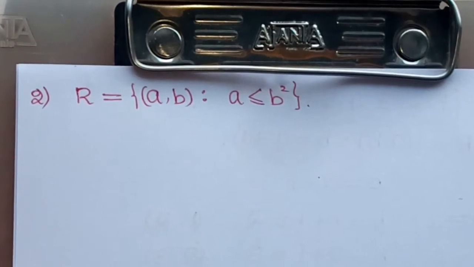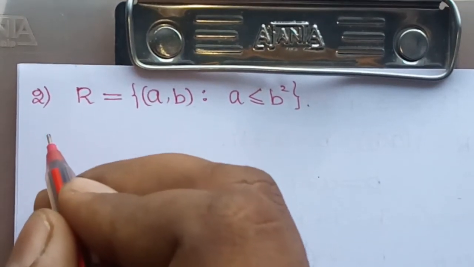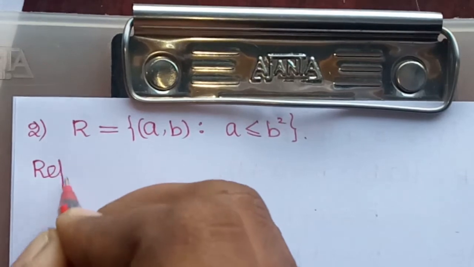Now we want to show the relation is neither reflexive, nor symmetric, nor transitive. First one is reflexive.